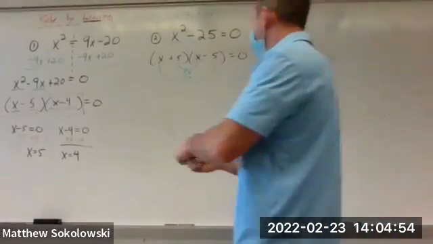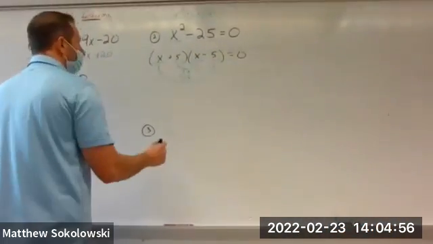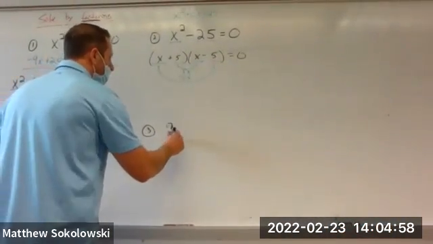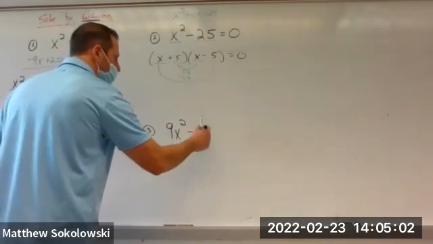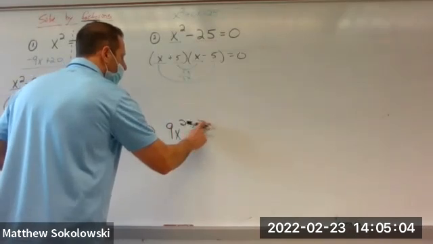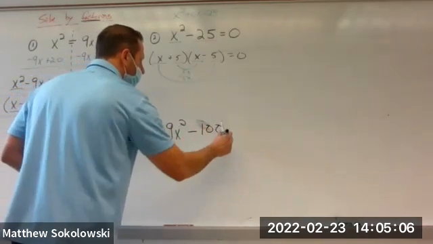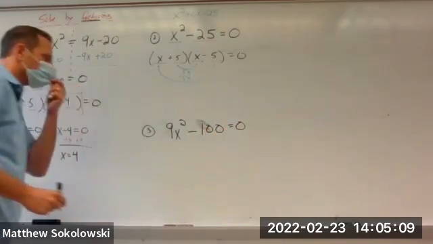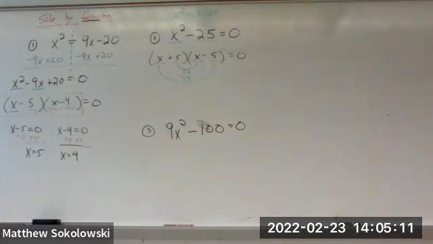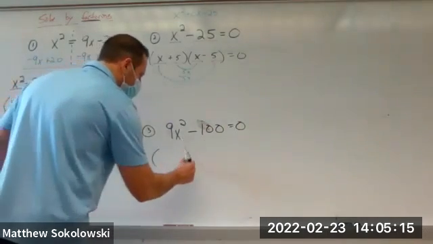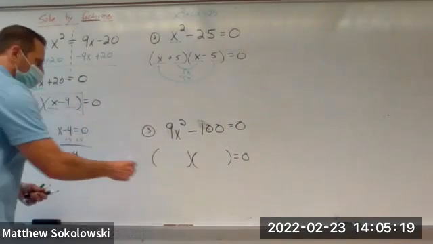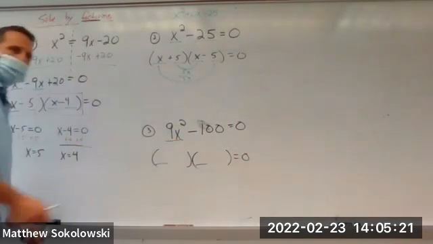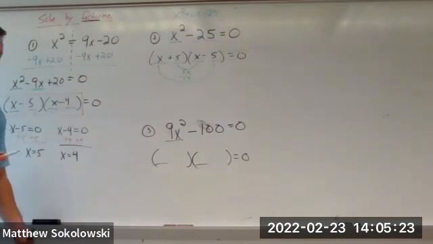So here, another quick example. Number 3. If we have to solve 9x squared minus 100. You would make your two parentheses. What times what is 9x squared? 3 and 3.